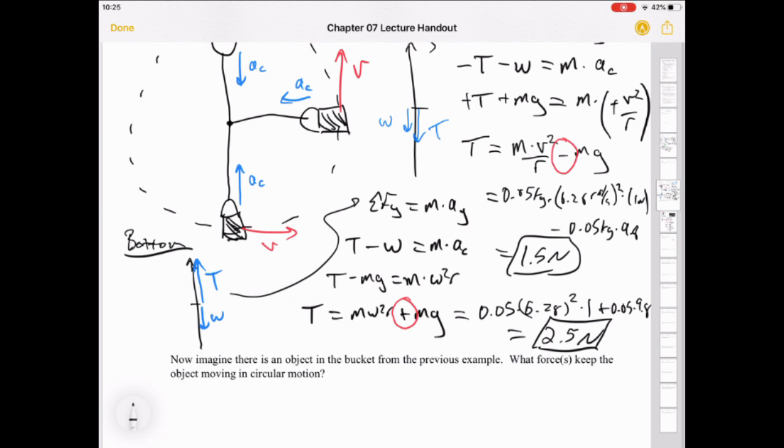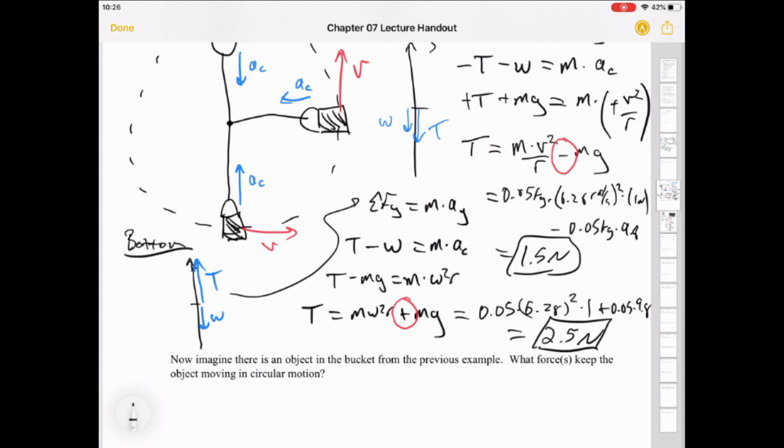Well, at the top, gravity was helping. At the bottom, gravity is working against centripetal acceleration. So tension has to not only match the weight, it has to supply enough extra force to also cause centripetal acceleration. All right, so again, you can ask at the bottom, which force is causing this to go in a circle? And the answer is, well, part of tension, right?